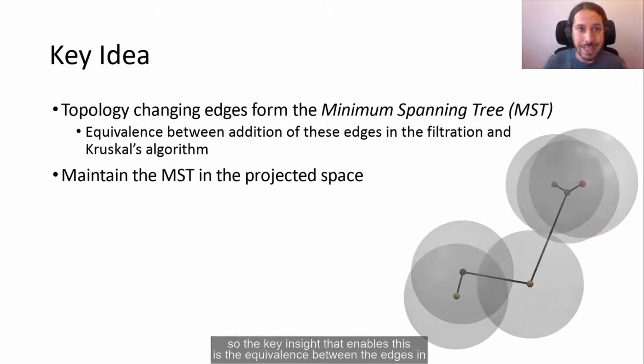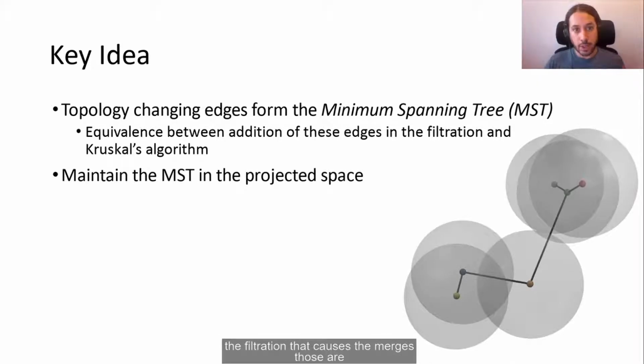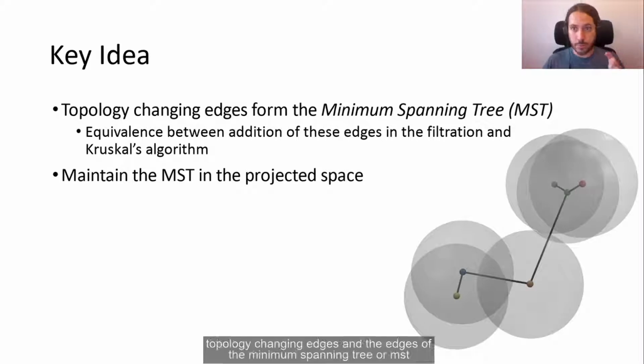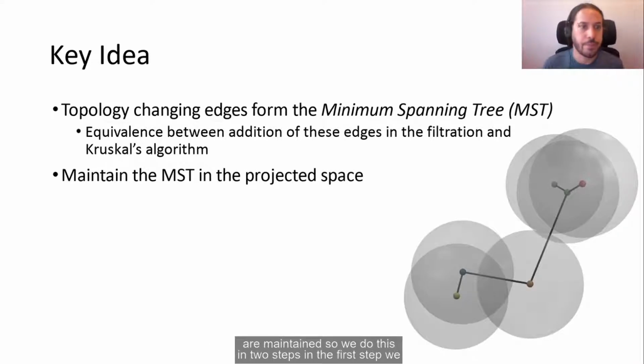So the key insight that enables this is the equivalence between the edges in the filtration that cause the merges, those topology changing edges, and the edges of the minimum spanning tree, or MST, computed using the Euclidean distance. This equivalence is further discussed in the paper, and we make use of it to project the points such that the MST edges between the components are maintained.